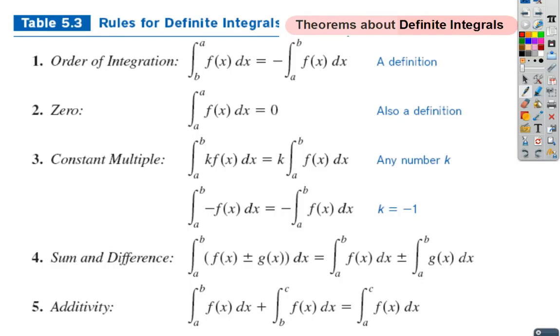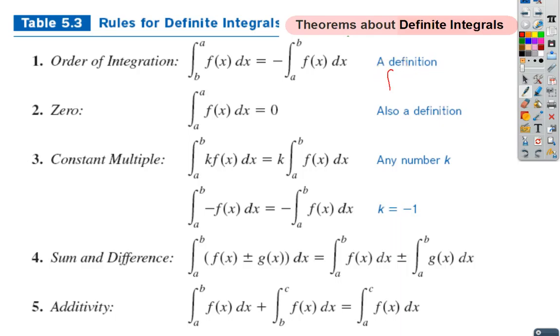Your first set of rules, number one, this is probably really the biggest one here: order of integration. The big thing is that you always want the smallest number on the bottom and the biggest number on top. And if you flip them, it's the inverse of each other.